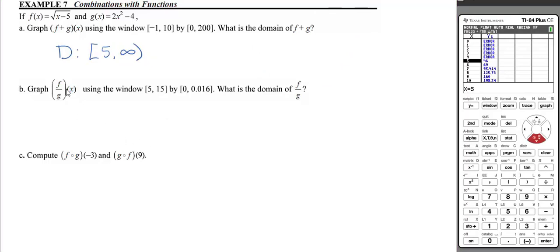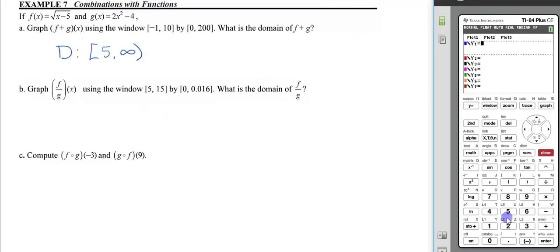Now let's graph f over g of x using this window. So we'll say the alpha y equals, you can use that template, square root of x minus 5, and the denominator is 2x squared minus 4.